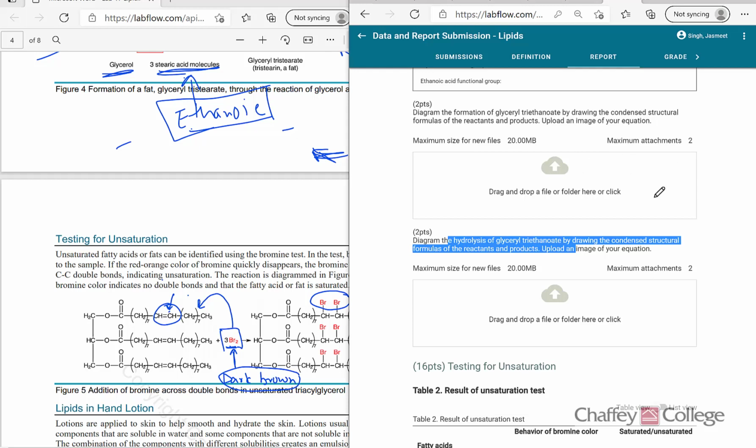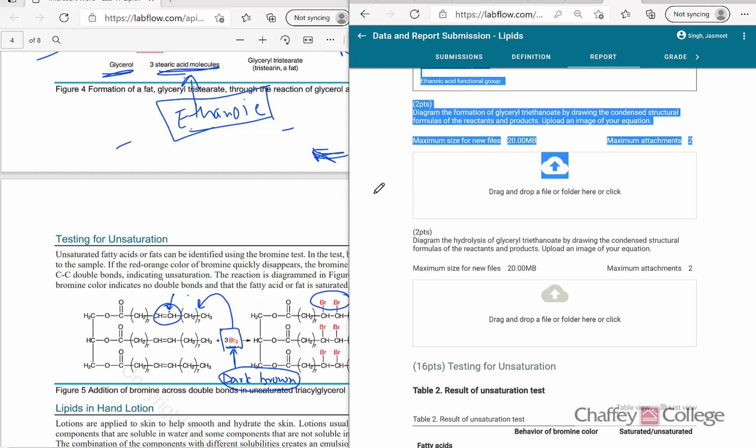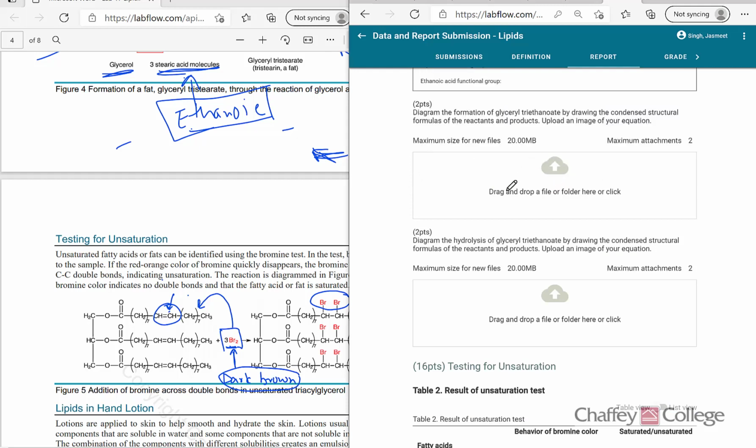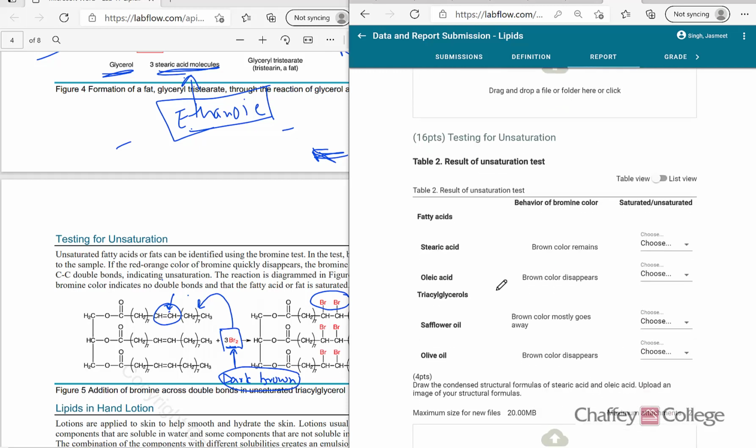The product of that reaction will become the reactant here, and the reactant of that reaction becomes the product. Essentially, whatever reaction you wrote above, the opposite of that reaction will go here. The reactants will become products, and products will become reactants.